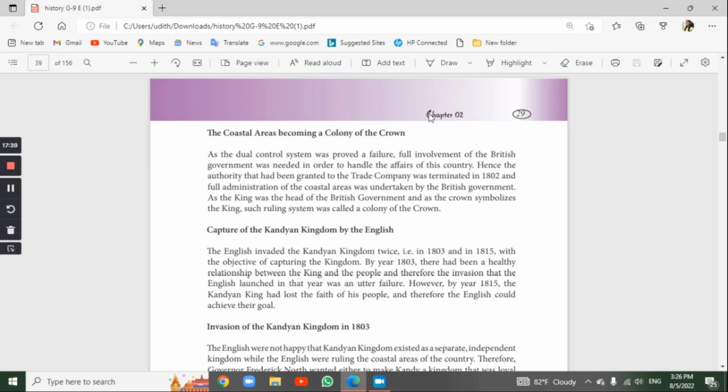A full administration of the coastal areas was taken by the British government. The crown represented the king. So this was known as the colony of the crown.